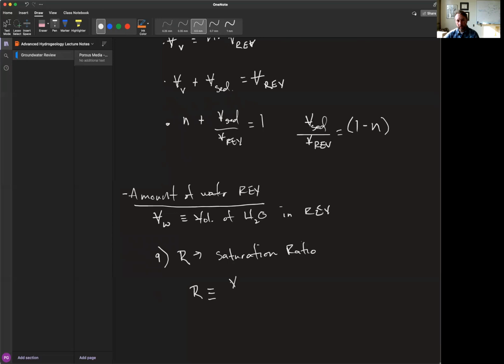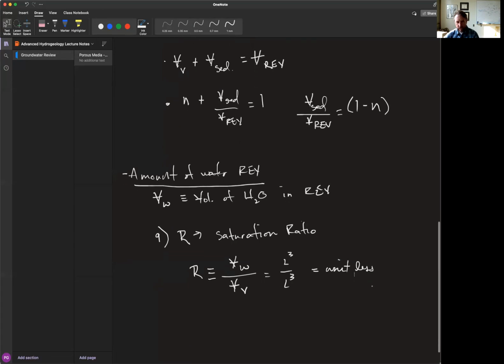So we define that as the volume of the water divided by the volume of the voids. And that is, again, length cubed over length cubed, which is unitless. All right, this is the saturation ratio.